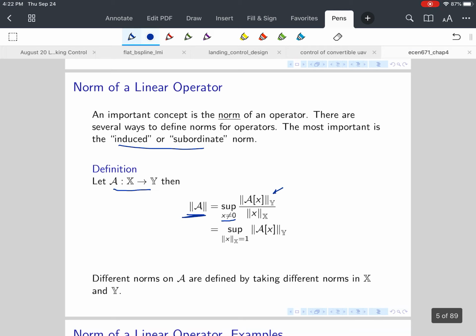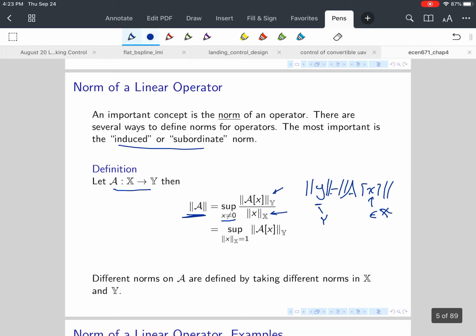So in other words, the linear operator A operates on x and produces y. And we're going to take the norm of that y divided by the norm of x, and this particular norm is actually in the X space. So remember, this x is in X, and this guy is in capital Y.